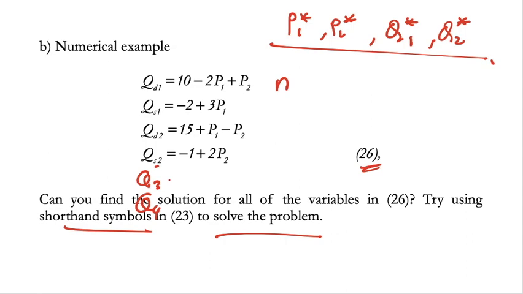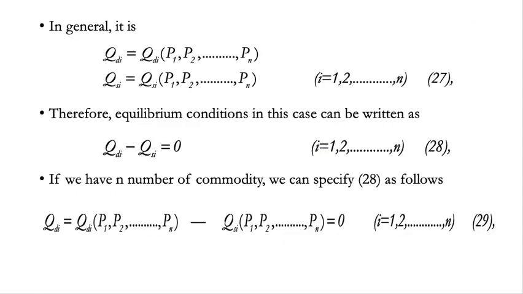Anyway, let's go back to the generalized commodity case. If we have more than two, let's say n commodities, what happens here is that you just need to list down all of the markets. But because it is general, it can be rewritten as this actually. So you see here, in general, we have commodity 1, 2, 3 until n.